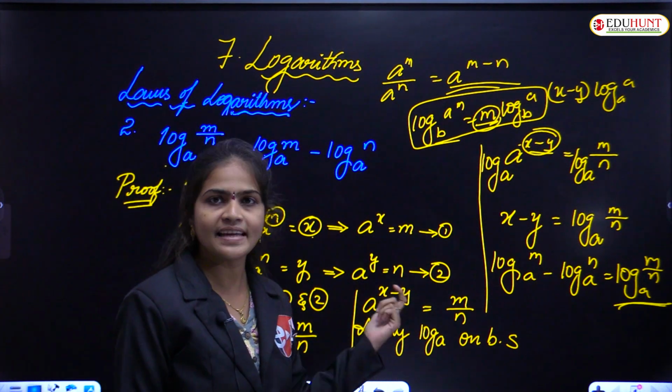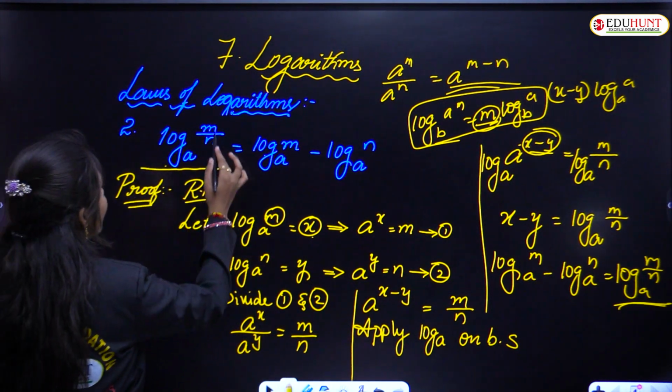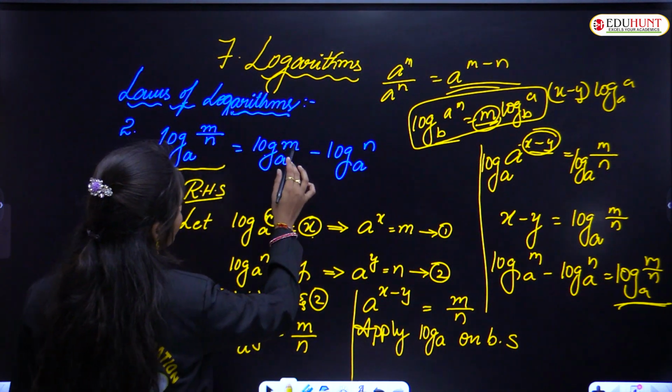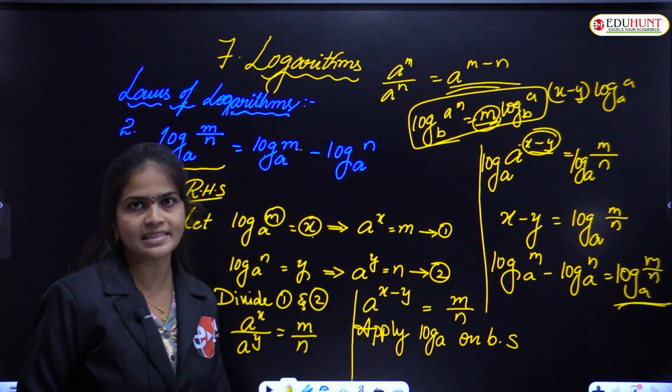So this is the second law. What is the second law here? Log m by n to the base a is equal to log m to the base a minus log n to the base a.